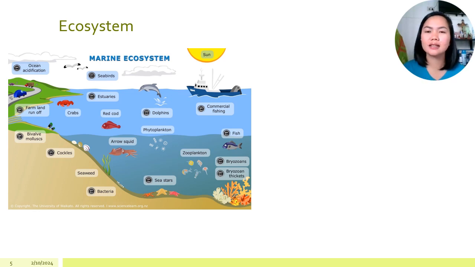So in a sense, all of the organisms in this one marine ecosystem are interconnected with each other. Maybe not directly, but indirectly in a life-sustaining way. Kasi, for example, at the top of the predators, pag nangamatay na ni silang tanan, then they will become food for decomposers, which are small organisms, bacteria, fungi, or whatever.